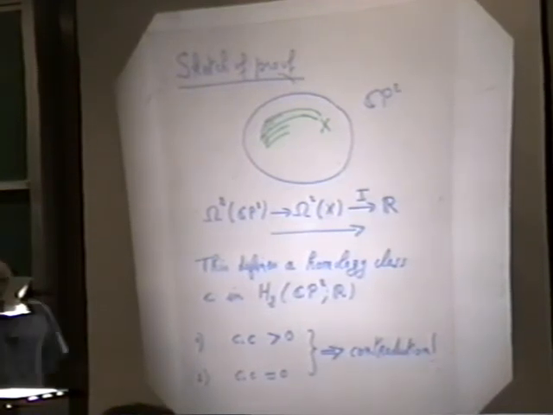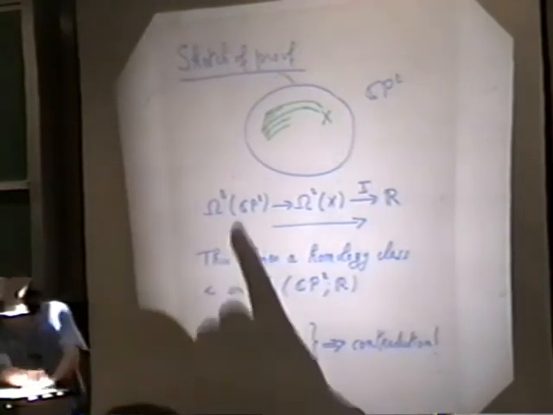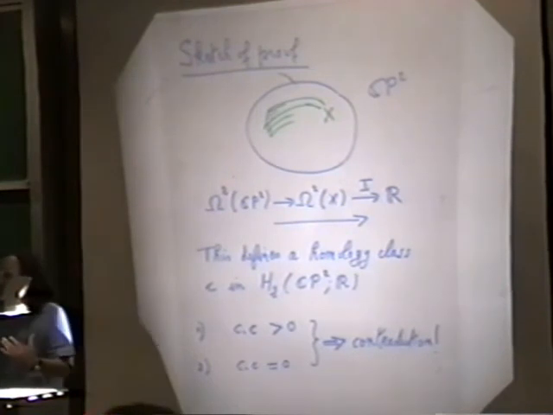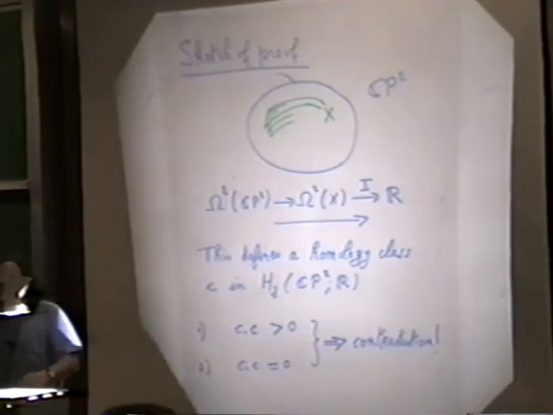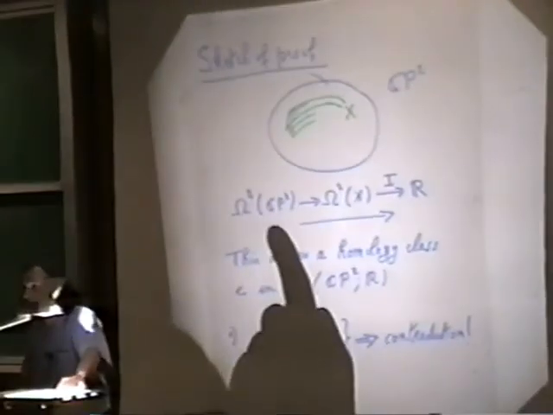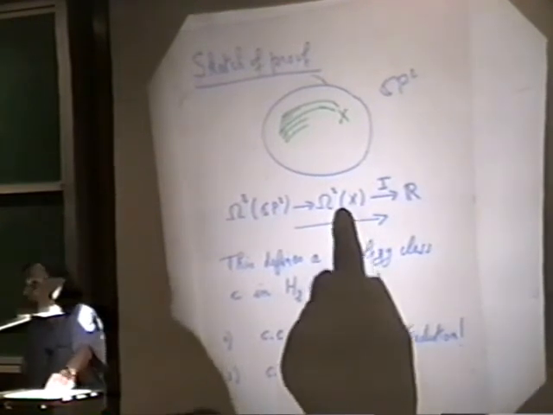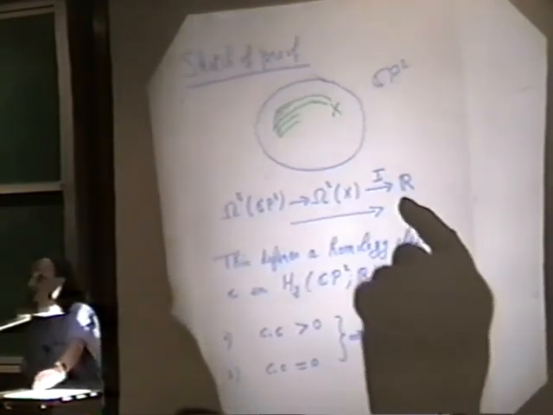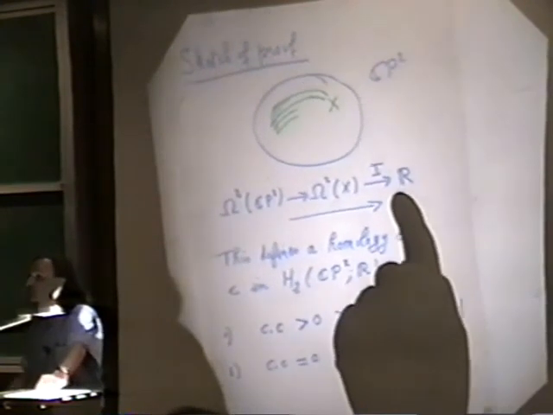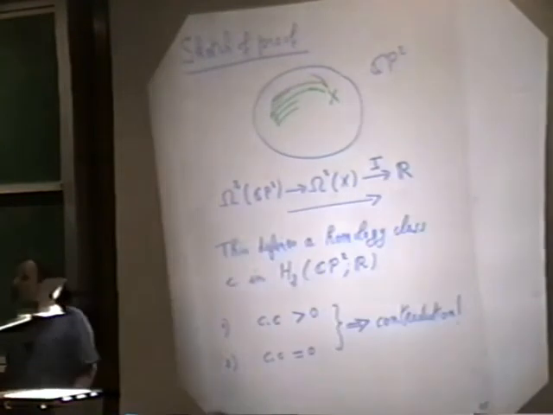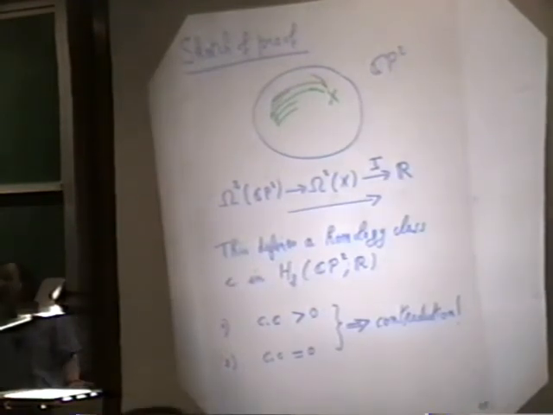Then you observe first that two-forms on CP2 can be restricted to the object X. This gives you a linear integration map I on two-forms on CP2, and this linear map vanishes on exact forms.